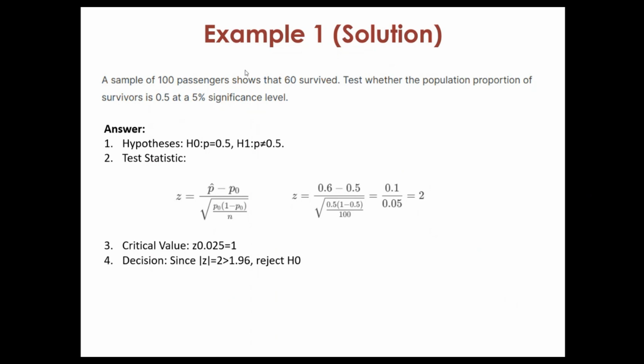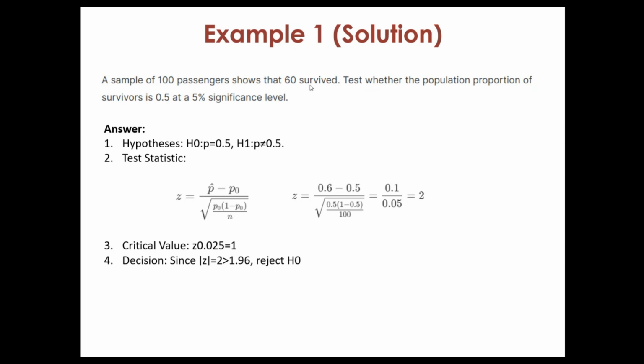The population proportion is 0.5, but the sample proportion is 0.6, right? Because we take a sample of 100 passengers, and 60 survive. The number of passengers on the Titanic is not 100 people. It's more than that, but when we do sampling, we take less than that.